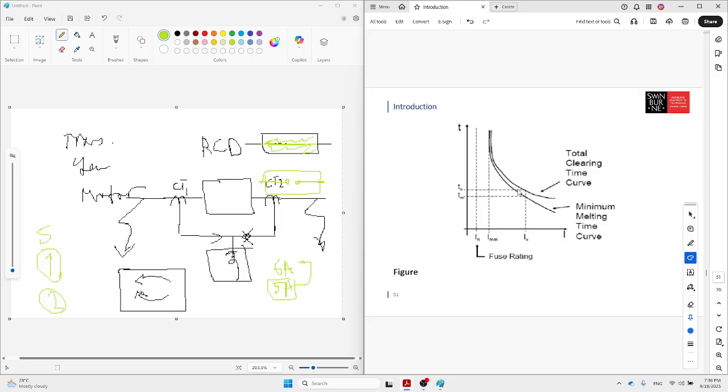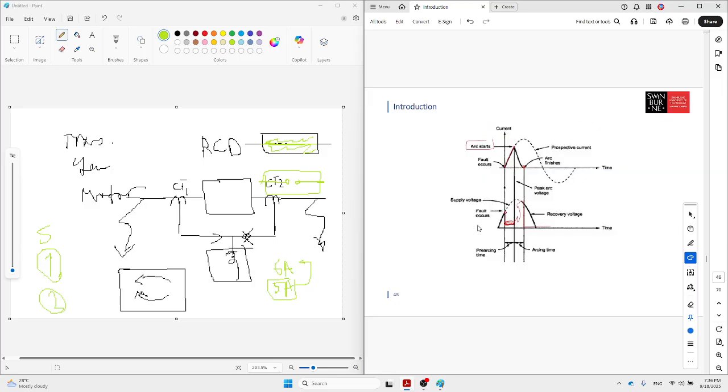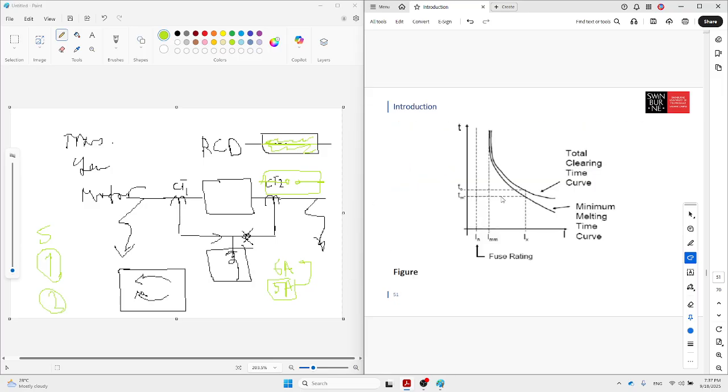This graph explains the minimum melting time compared with the total clearing time curve. It means that this is the minimum time started. The minimum time we expect to have melting is this one, the minimum time based on the manufacturer.